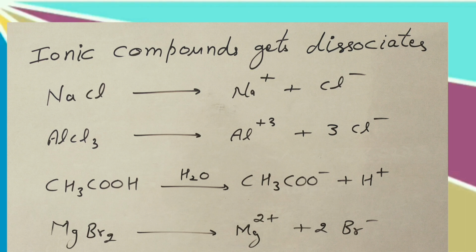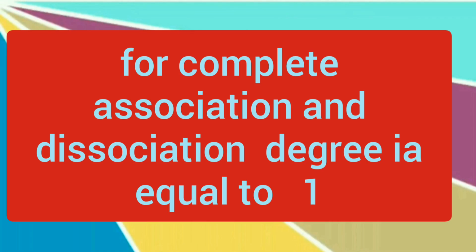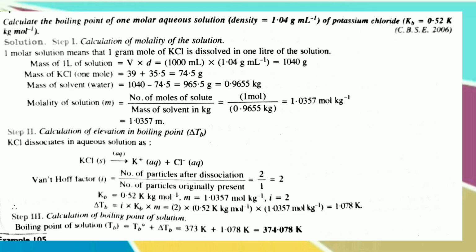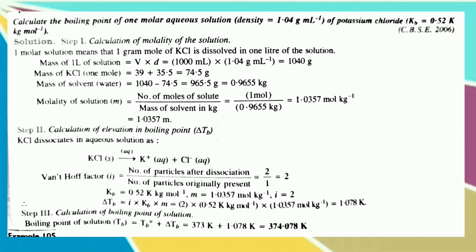Therefore, total ions are 4. Hence, the value of n is 4. Also, find out the value of n for these examples in terms of association or dissociation. You can also try the numericals which are given in the video for practice.